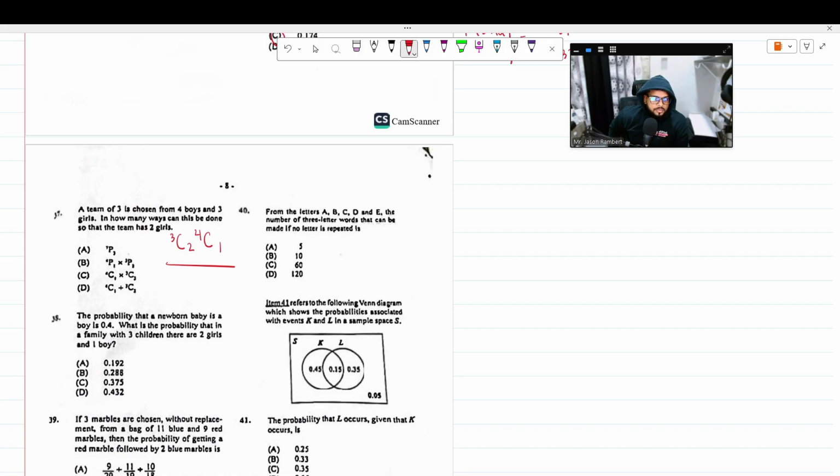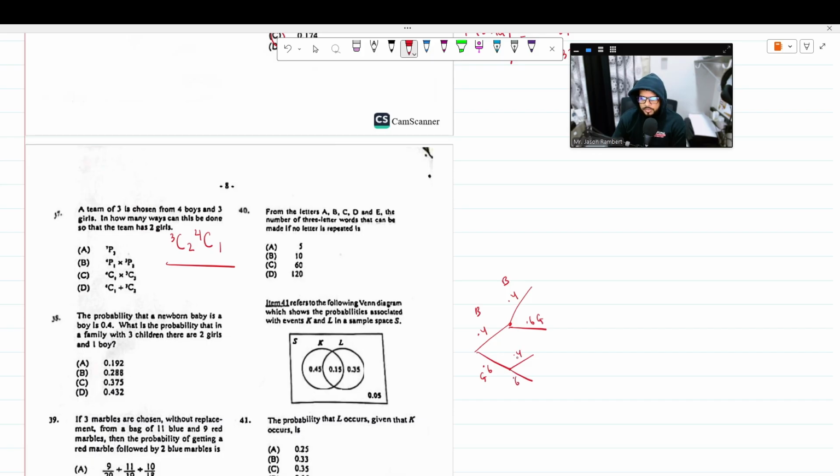So 3 children could mean 3 births, right? The first birth could either be a boy or a girl, the second birth could be a boy or a girl, the third birth could be a boy or a girl. So let me draw a probability tree diagram. Boy, girl, 0.4, 0.6. From here, boy, girl again, 0.4, 0.6.